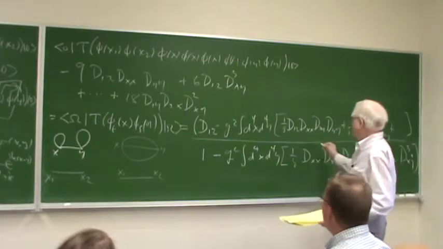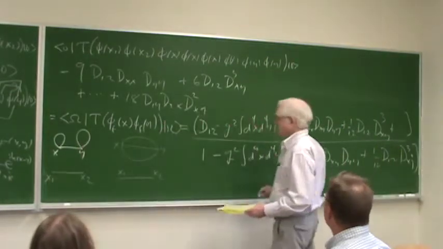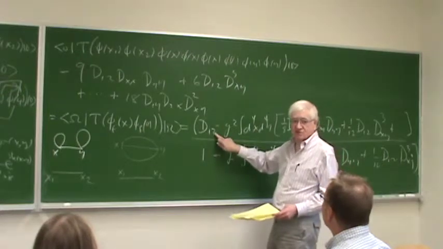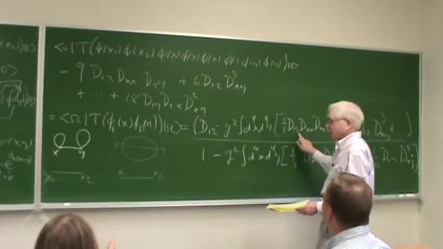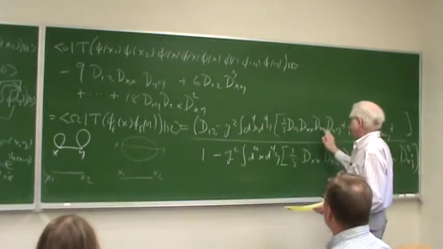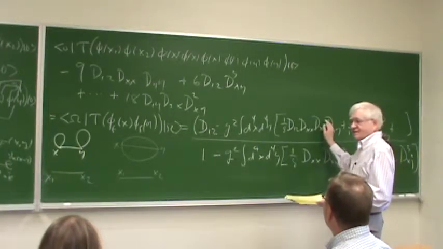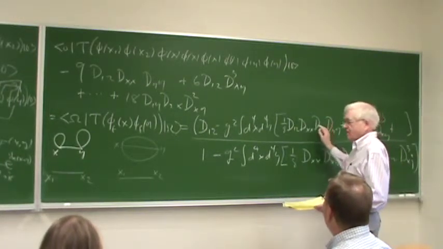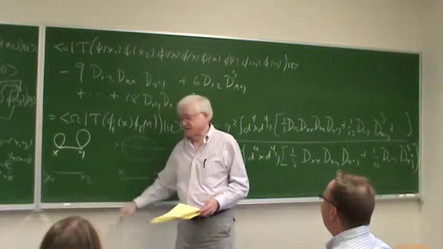And in fact, this one here, you see, is that one, because it's got D12, that's this. And then it's got this, the x's and y's are just playing with themselves, they're not dealing with the x1 and x2. And so we write it this way, and we say it's a disconnected diagram.